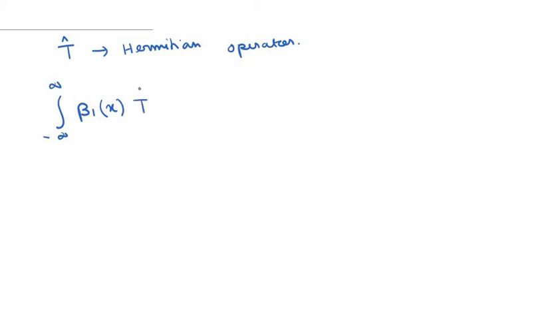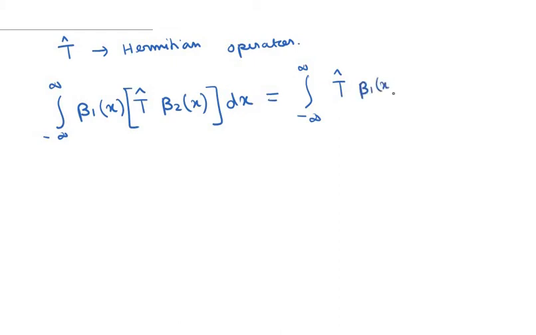A Hermitian operator T has this property: the integral from -infinity to +infinity of beta 1 x, the operator T acting on the function beta 2 x, is equal to the integral from -infinity to +infinity of T acting on beta 1 x, sorry, this one should have a star over here, T acting on beta 1 x star, times beta 2 x dx.